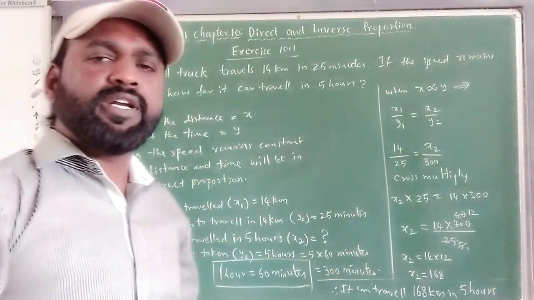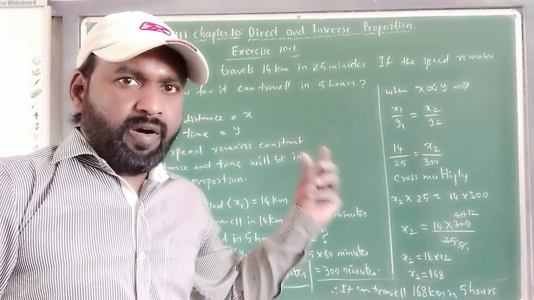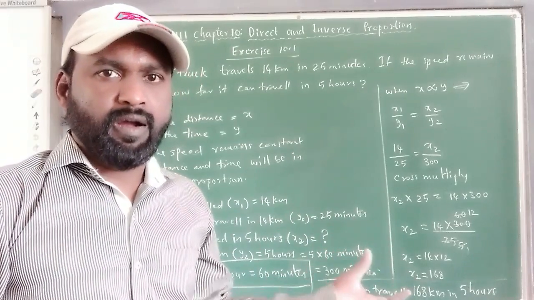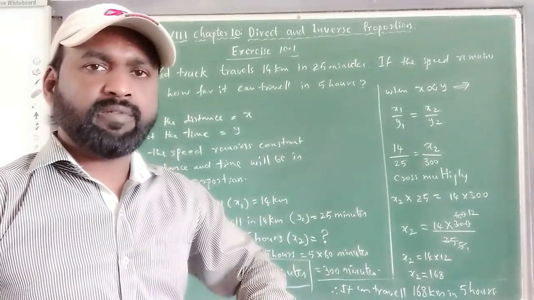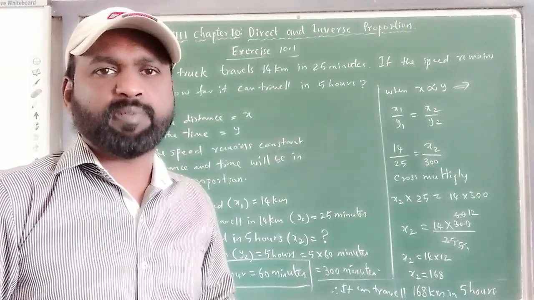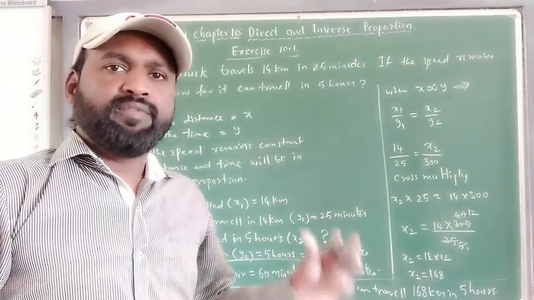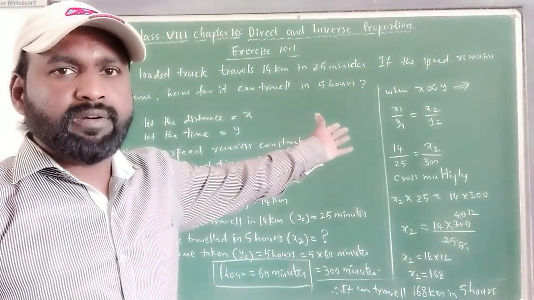Just read the question carefully. Look at the quantities first of all, if all the quantities are in same units or not. If not, you have to convert them all in same units. Then afterwards, what is the relation actually? Is it in the direct proportion or inverse proportion? Check that. If that is in direct proportion, you have to use the relation x1 by y1 is equal to x2 by y2.